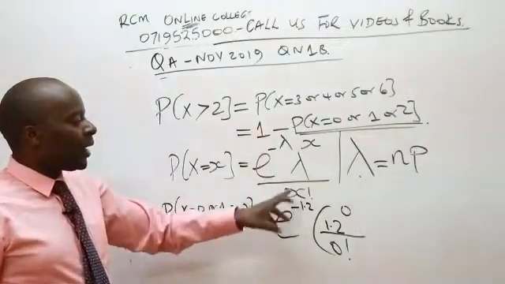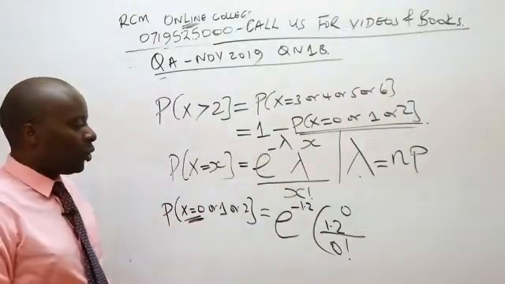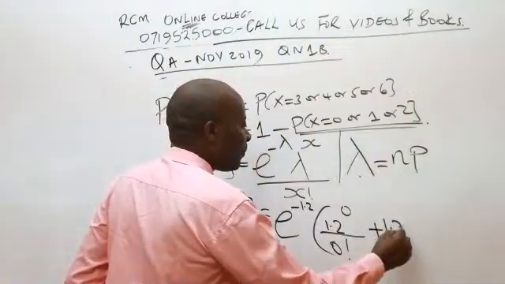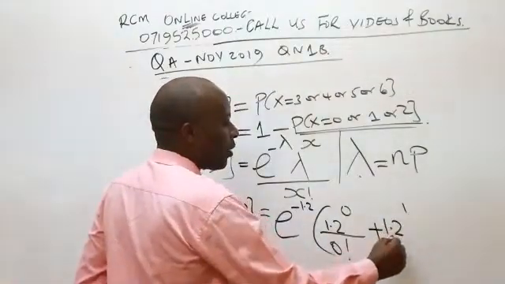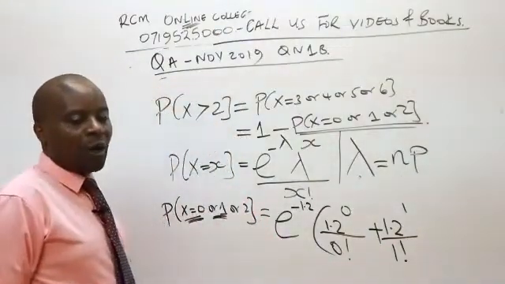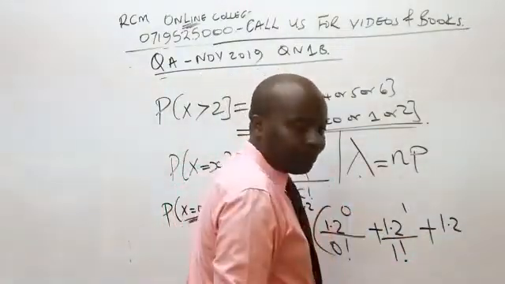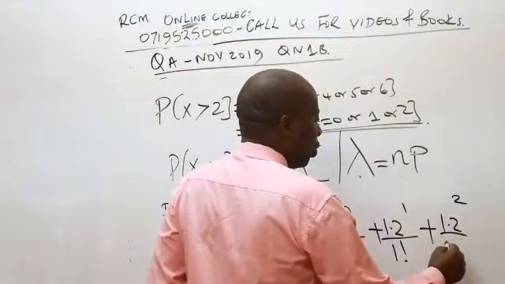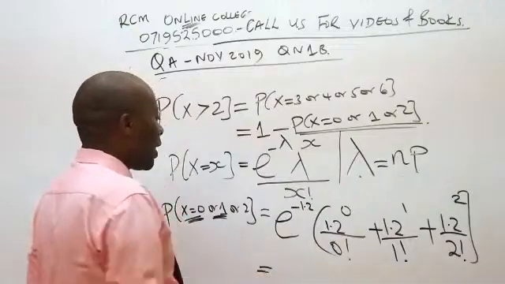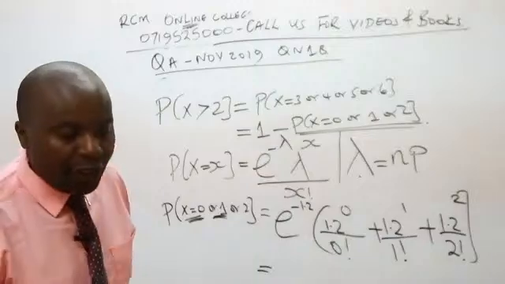So plus the mean raised to 1, all over 1 factorial. Plus 1.2 raised to power 2, all over 2 factorial. So please go ahead and evaluate all of it at once using your calculator.